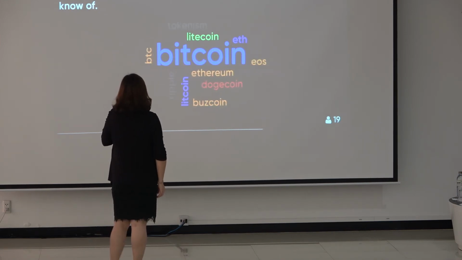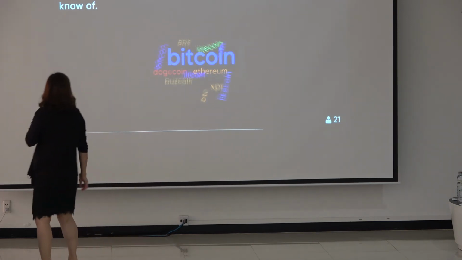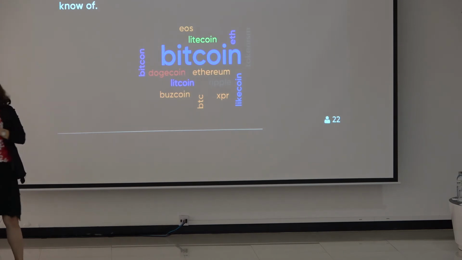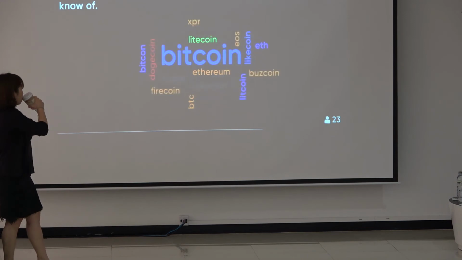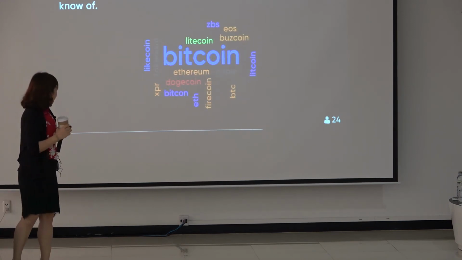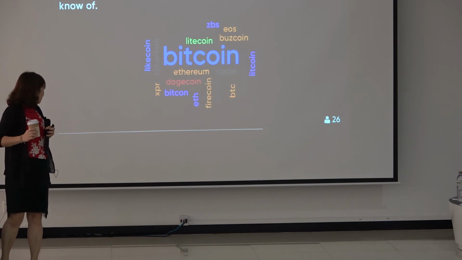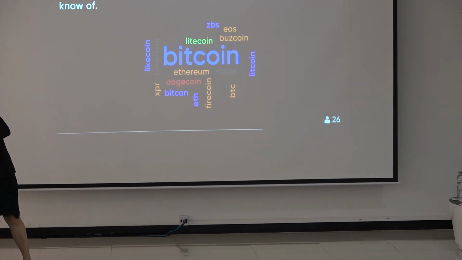Ethereum. Ripple. Okay, I show the list of these 4,600 coins to you.